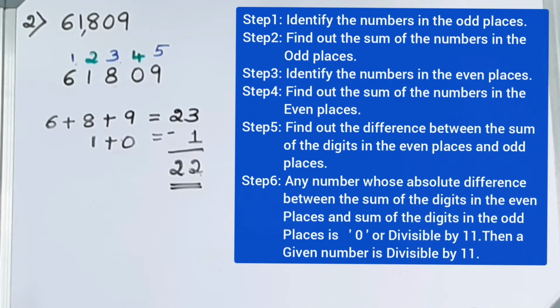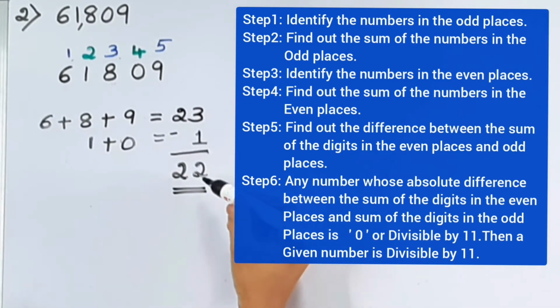Step 6. Any number whose absolute difference between the sum of digits in the even places and the sum of the digits in the odd places is 0 or divisible by 11, then the given number is divisible by 11.